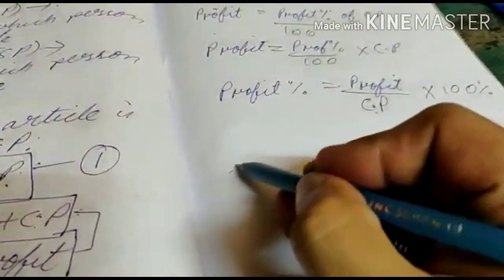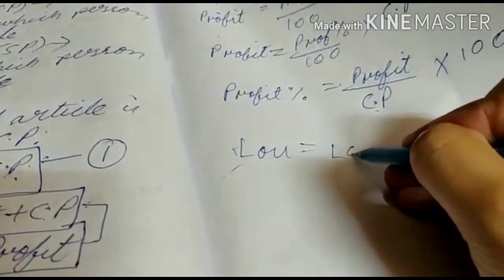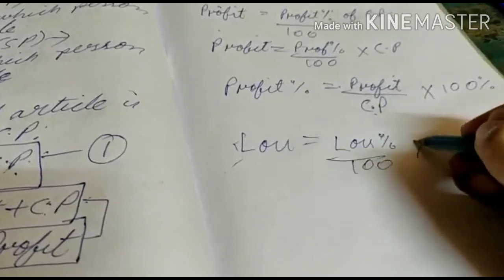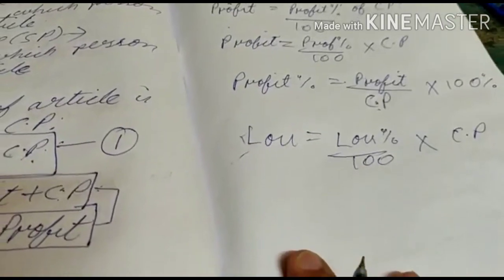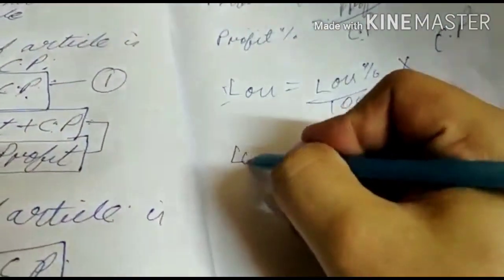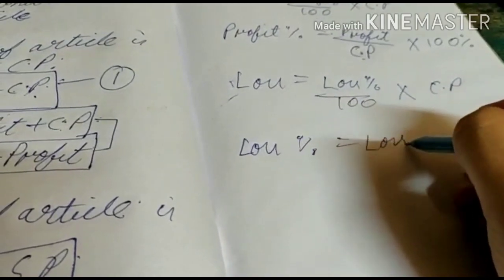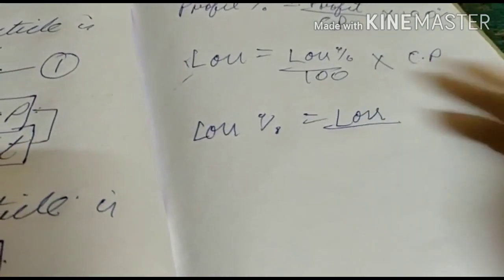Okay, like for the same, loss percent is equals to loss upon CP, or loss percent, that is how much loss you incurred upon how much you invested, of which you are calculating the loss.